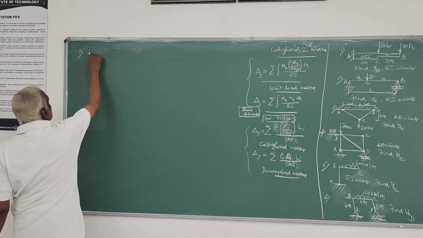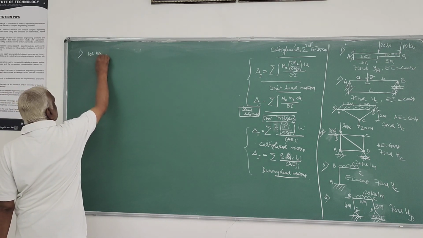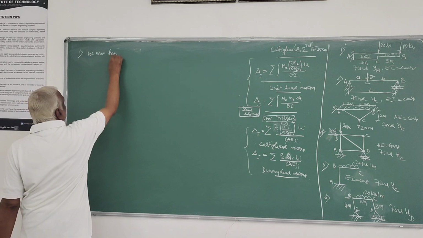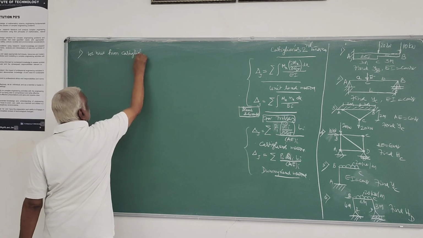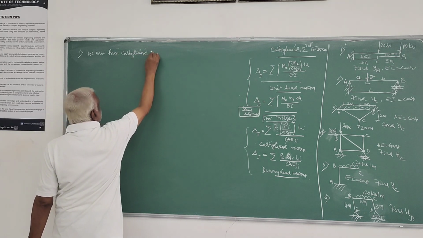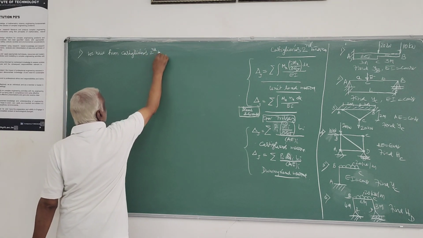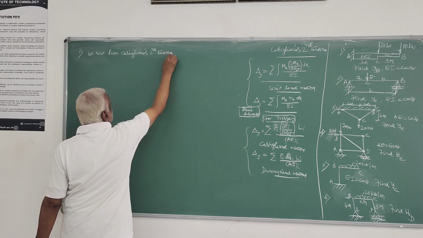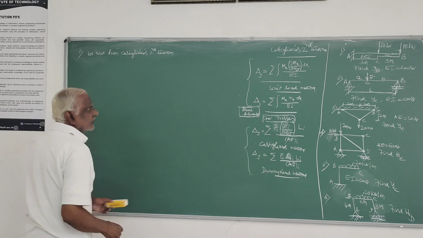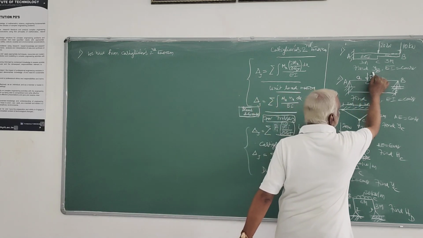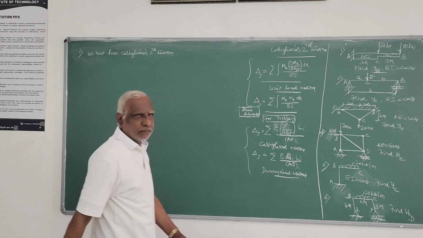I will do it. So from Castigliano's second theorem, displacement at B. We have to find YB in this problem.